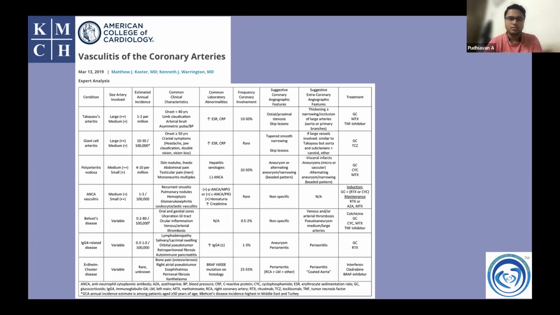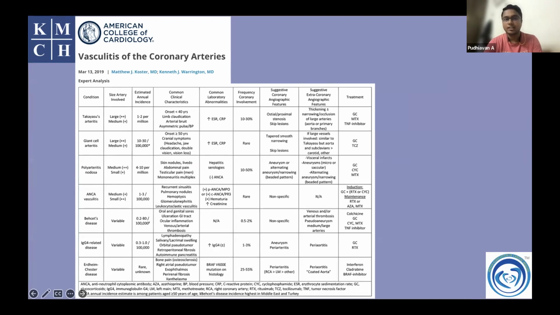Giant cell arteritis is kind of rare compared to the other vasculitis. But since this was an older patient, more than 50 years, and had a diffuse involvement of the RCA, we considered the possibility of giant cell arteritis.